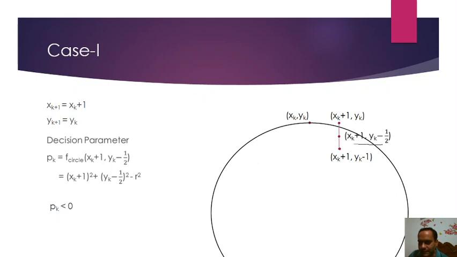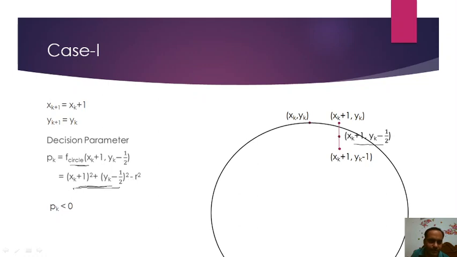So these are the coordinates of the midpoint, and in case 1 this midpoint is inside the circle. So if we fill these values of coordinates in the f circle function, we can judge whether the point is inside, that is the pk value of this equation: xk plus 1 whole square plus yk minus half whole square minus r square.